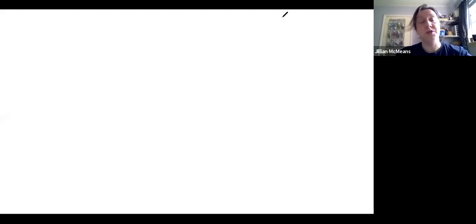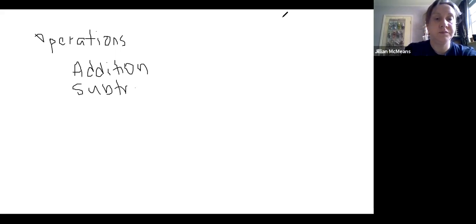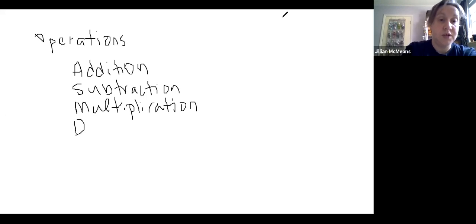Basically, order of operations is used when you have more than one operation in a single problem or a single expression. And so in math, when we talk about operations, see what I told you, it's really messy. When we talk about operations, we mean addition, subtraction, multiplication, division, and then you can also have exponents and square roots.